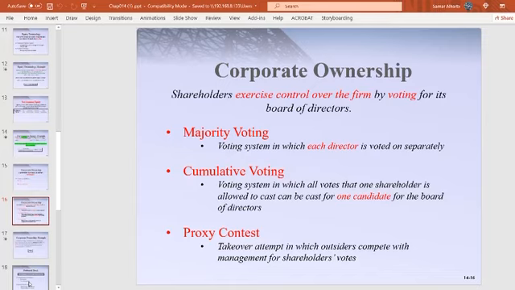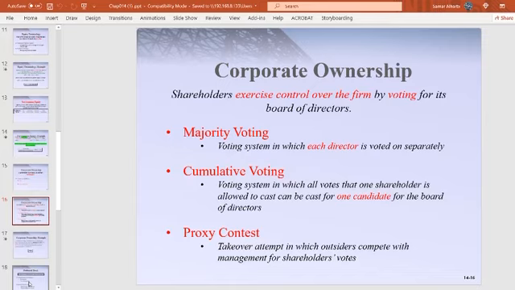There are different types of voting patterns which are used by the shareholders when they are running the company. For example, shareholders don't do day-to-day activities, right? They hire a board of directors who work for the company, and they vote for them.